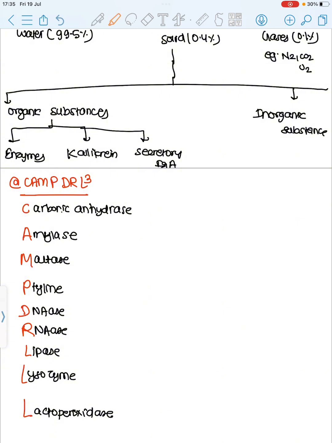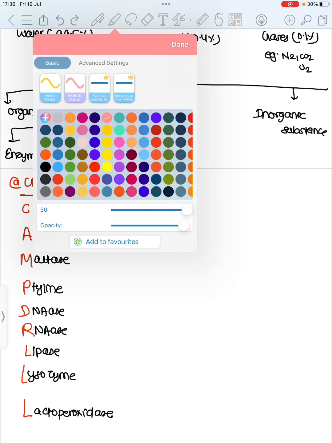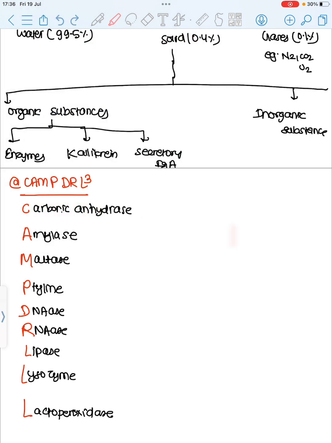Now we will talk about the important enzyme functions. Lysozyme and lactoperoxidase. So the first one is amylase.